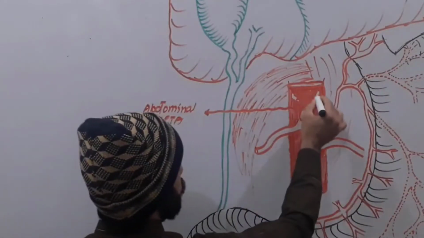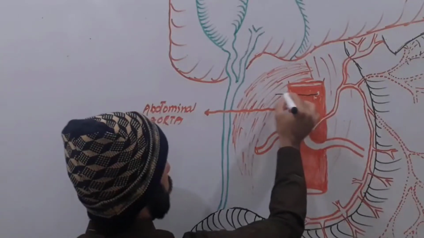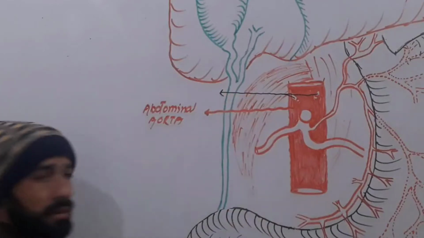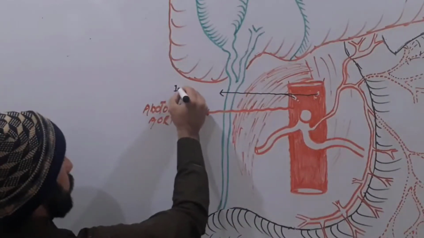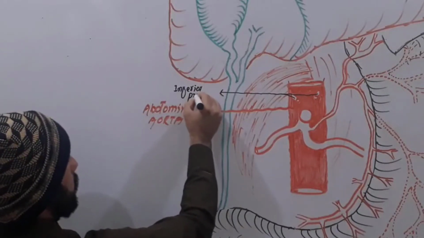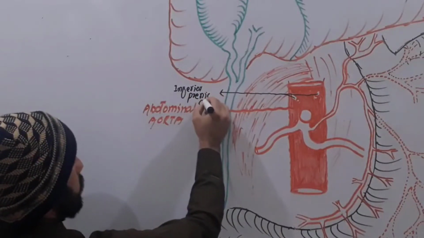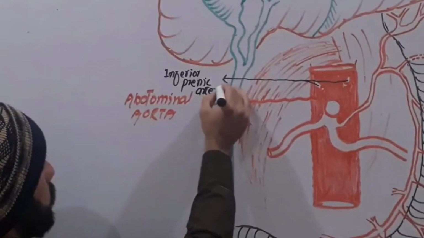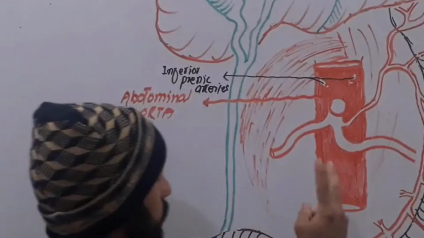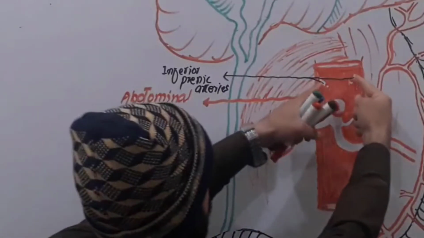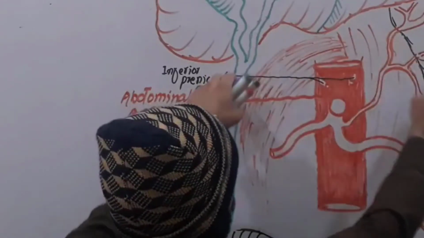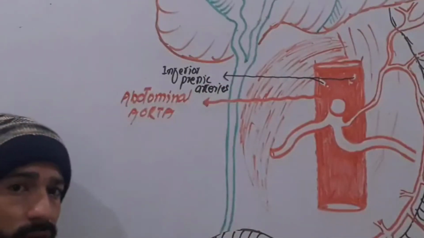These two small branches are together called the inferior phrenic arteries. Clear? These are the first paired branches, the small arteries which arise from the abdominal aorta and move superolaterally to the inferior surface of the diaphragm.